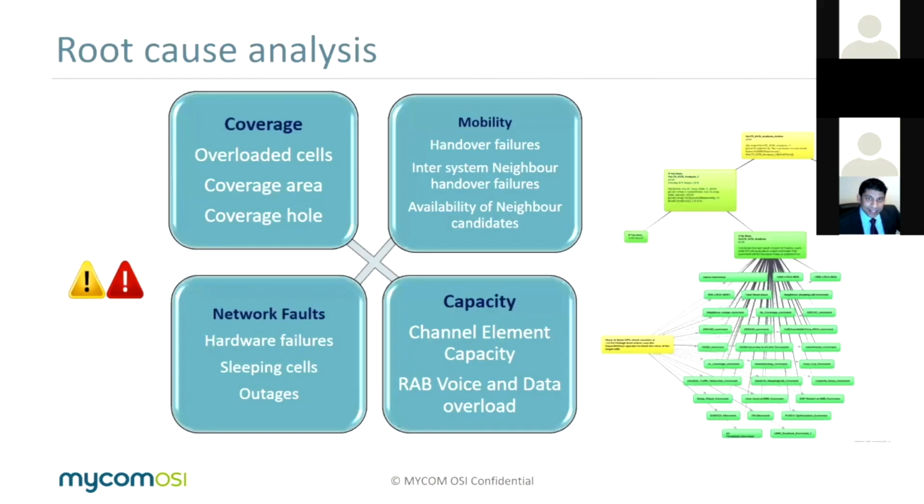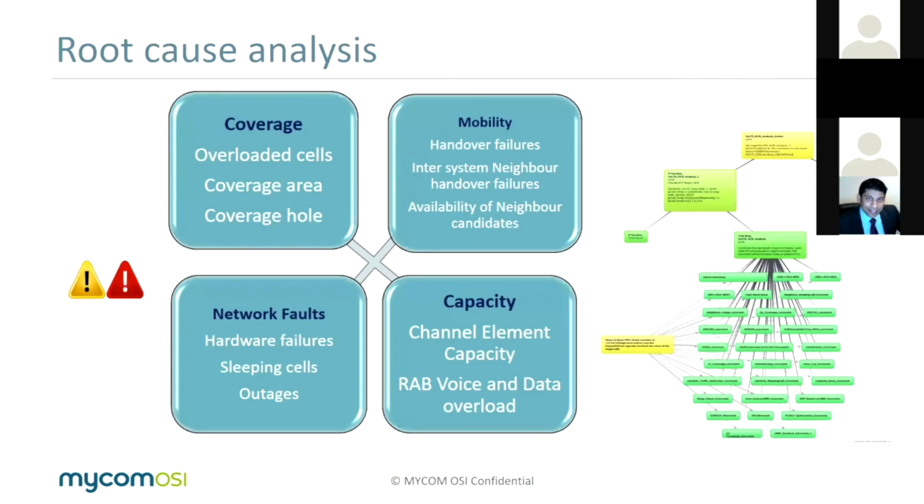And I've taken an example of all the different areas where the suite of products, Proactor, with our automation platform, allows you to model something called autoflows, where you can model the various algorithms, and we provide out-of-the-box algorithms for root cause analysis in order to identify overloaded cells, network faults through hardware or software failures, or outages.